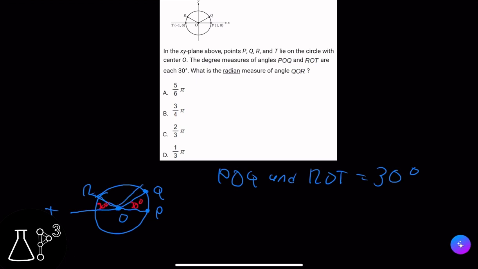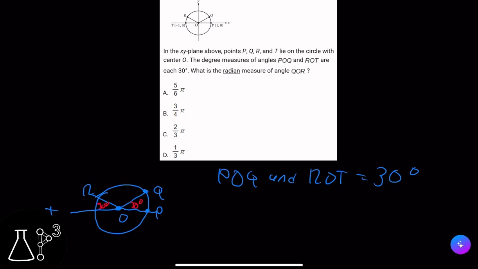What I like to do is think about it like this. In a full circle, we have the angle measure of 360. In a semicircle, we have the angle measure of 180. So this line that goes through T is 180, or the semicircle. So we add 30 plus 30, and we get 60. And we do 180 minus 60 to get the angle measure of QOR, because half of the circle in degrees is 180.